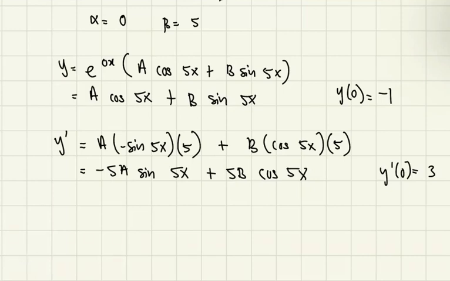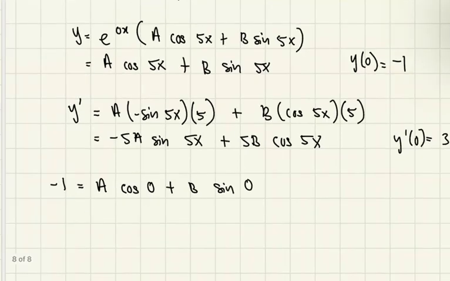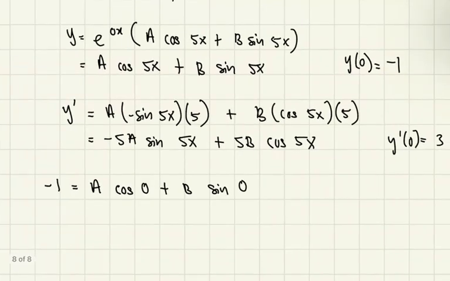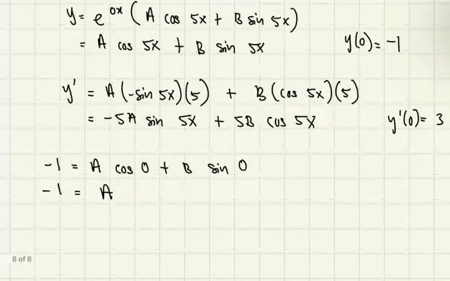So we have minus 1 equals a cos 5 times 0, plus b sine 5 times 0. Cos 0 is 1. Sine 0 is 0. So we have minus 1 equal to a. So we have the first constant a.